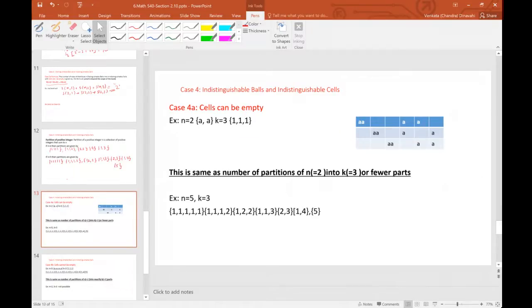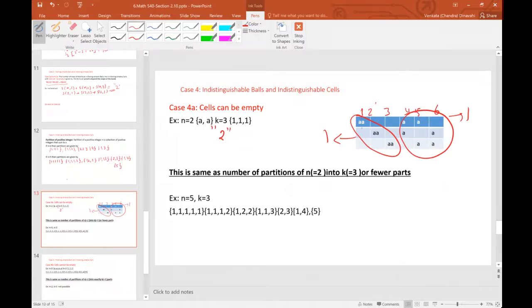Suppose all the cells are different, then you know from the previous discussion there are these 6 different ways we can do this. This is 1, 2, 3, 4, 5 and 6. Now all the cells are same. These 3 count as exactly one distribution because all the cells are same. Similarly, these 3 are exactly one distribution. So the number of ways you can do this is 2.